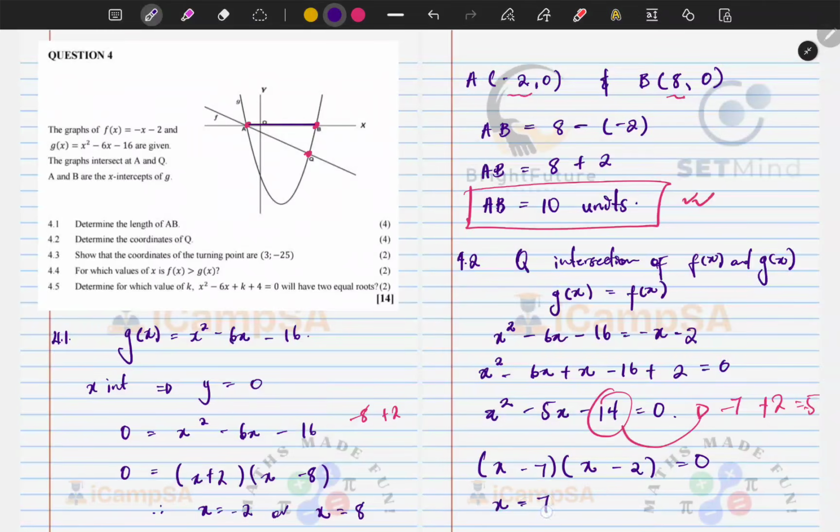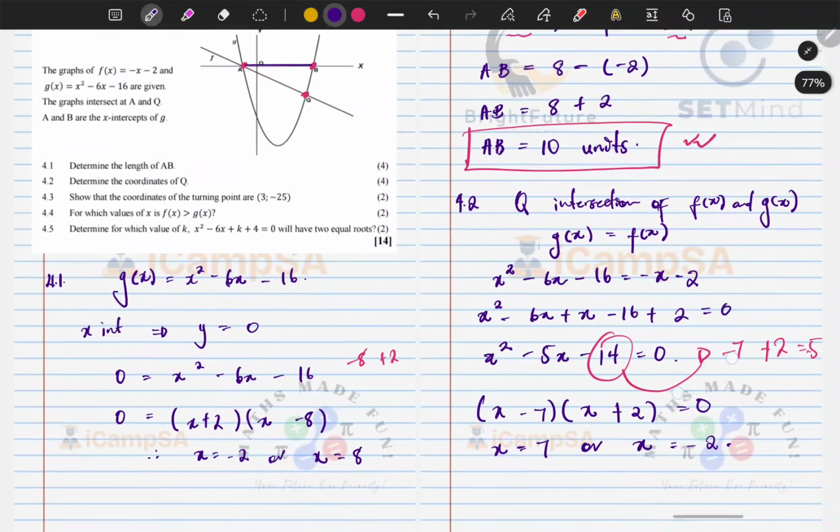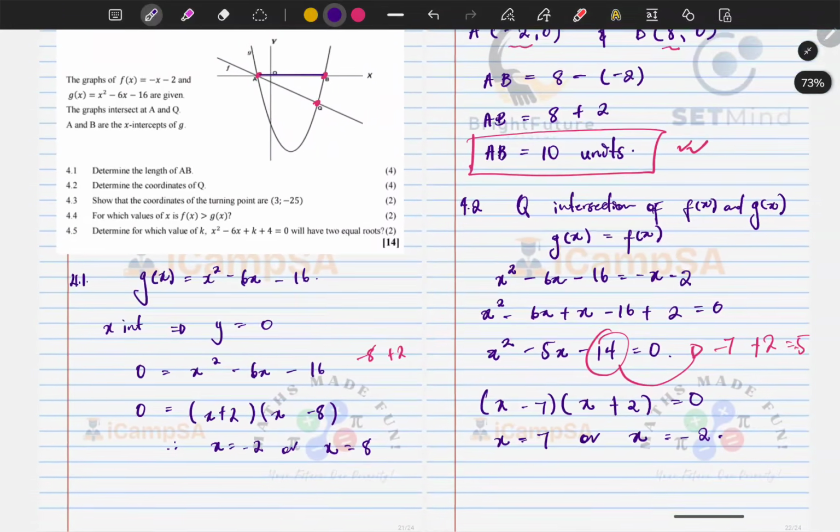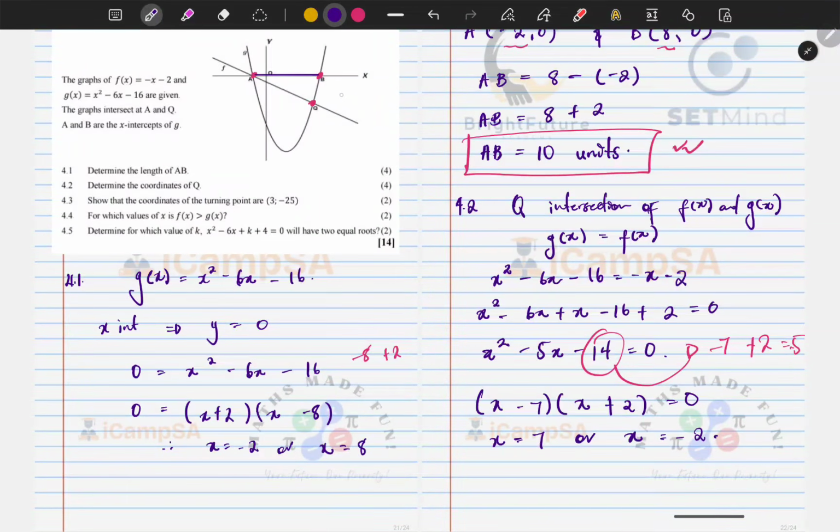So x is equal to 7, or x is equal to minus 2. We need to choose one value. The x at Q is going to be positive, so x is equal to 7. That's the value of x we are going to choose, and this one we are not going to take. Now we need the value of y.